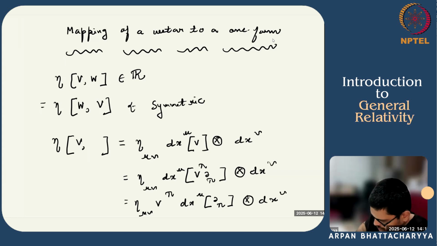Now we know that dx^nu acting on partial_lambda will give a Kronecker delta. So we get the following.